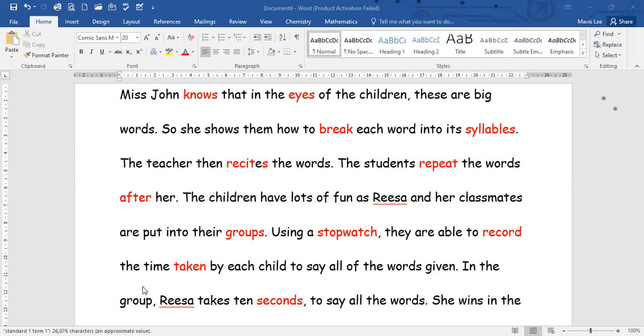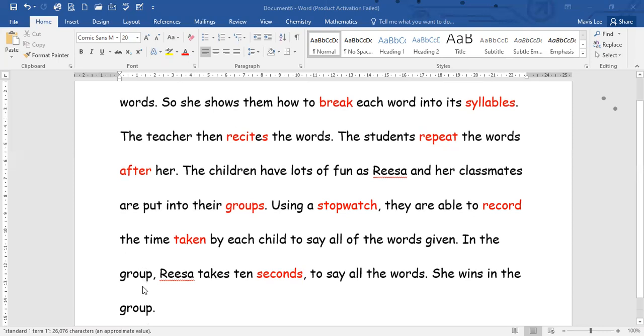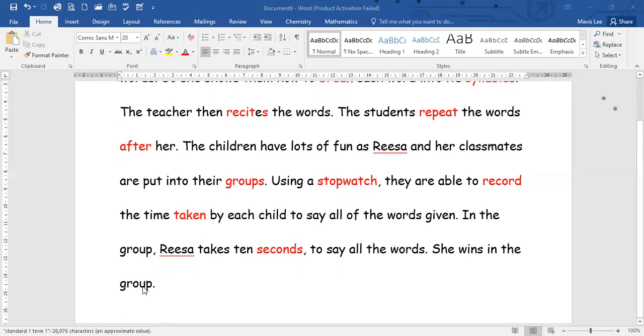The children have lots of fun as Risa and her classmates are put into their groups. Using a stopwatch, they are able to record the time taken by each child to say all of the words given. In the group, Risa takes 10 seconds to say all the words. She wins in the group.